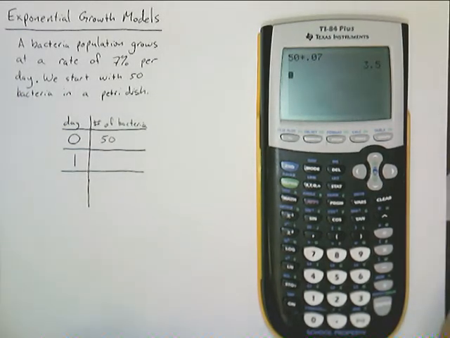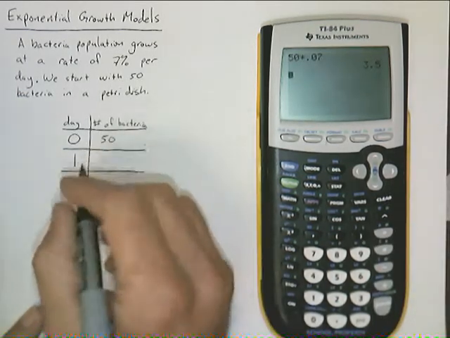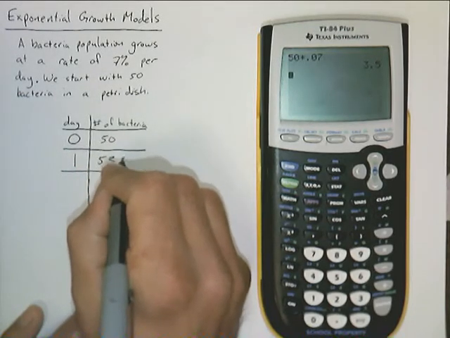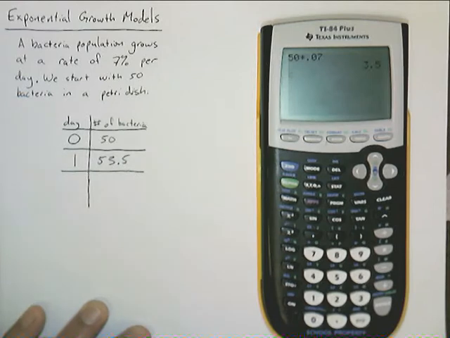Now, of course, we can't have half of a bacterium, but this is just a model, so everything's kind of just approximations. It's giving us an idea of how we might project into the future and how many bacteria we're going to have. So we add those 3.5 bacteria onto the 50 that we started with, and that leaves us with 53.5 bacteria after 1 day.